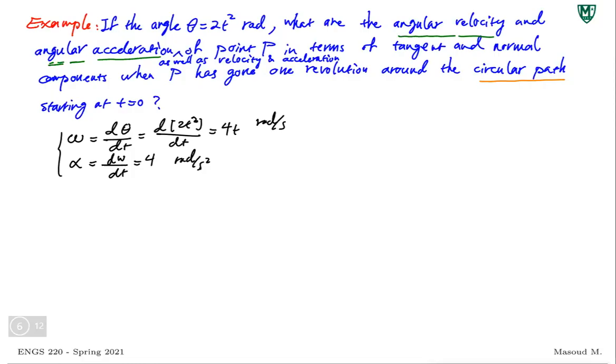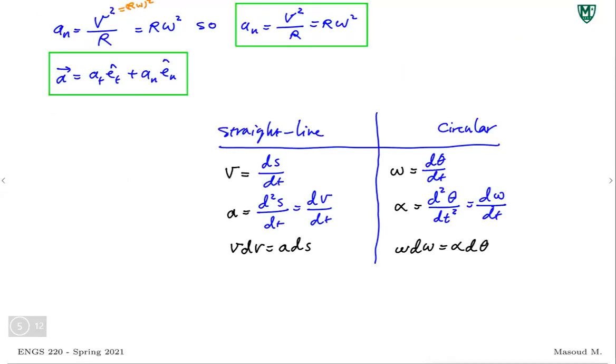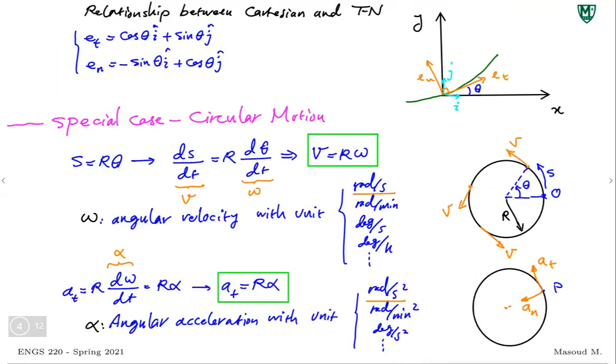Let's see, how do we do that? V is equal to, remember, it's a circular path. So this is V, this is A. I'll go with the vector definition. So what are V and A? If we go back to what we had for circular motion, V is R omega.